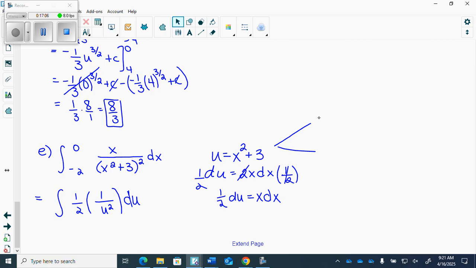So I get u equals 0 squared plus 3, which is 3. And then u equals -2 squared plus 3, which is 7. So I get 3 and 7.